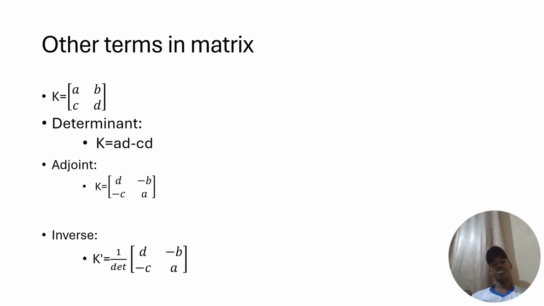And then here we are also having the inverse. You're having K, the inverse of K. On determining the inverse of K, it is equal to 1 over the determinant.